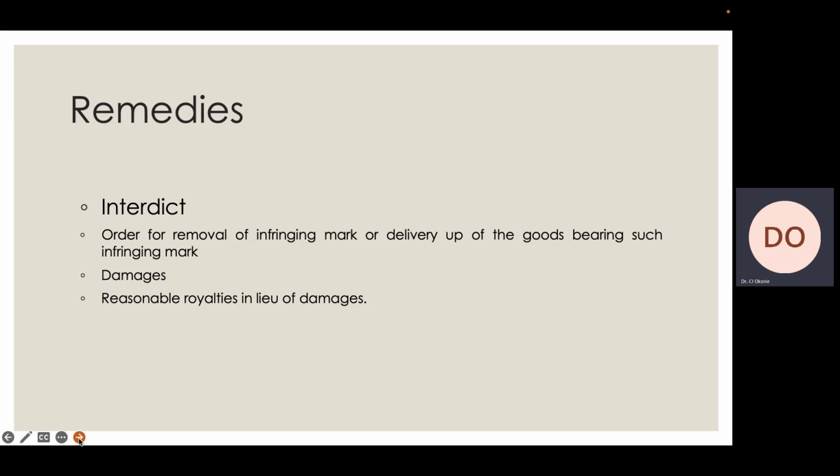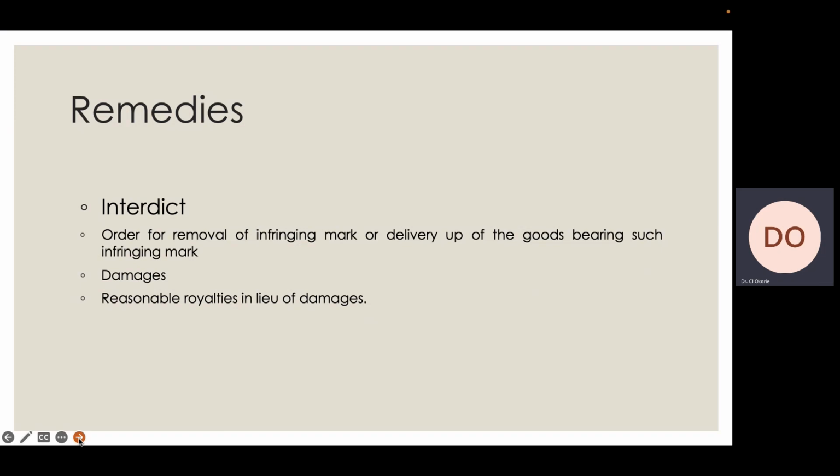And then pending the determination of the substantive suit, or even perpetually. And then they would also maybe ask for an order to remove the infringing mark from the goods. So they are saying, you can continue selling your product, but any of your packaging or any aspect of your product that bears our mark, remove them.